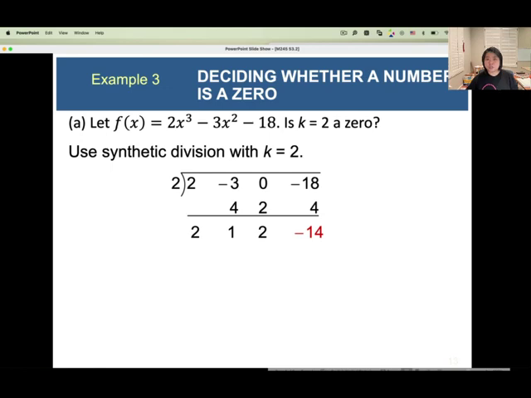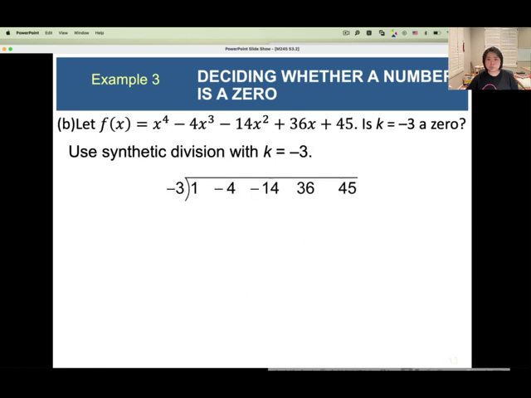So you know k equal to 2 is not a zero. For this kind of question, you could use synthetic division, or you can plug in x equal to 2 for the whole equation. You calculate it, you should get negative 14 as well. Either way, okay?